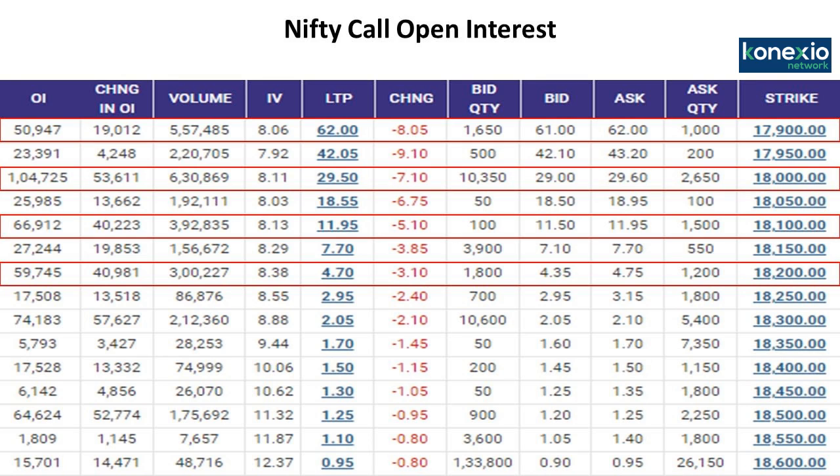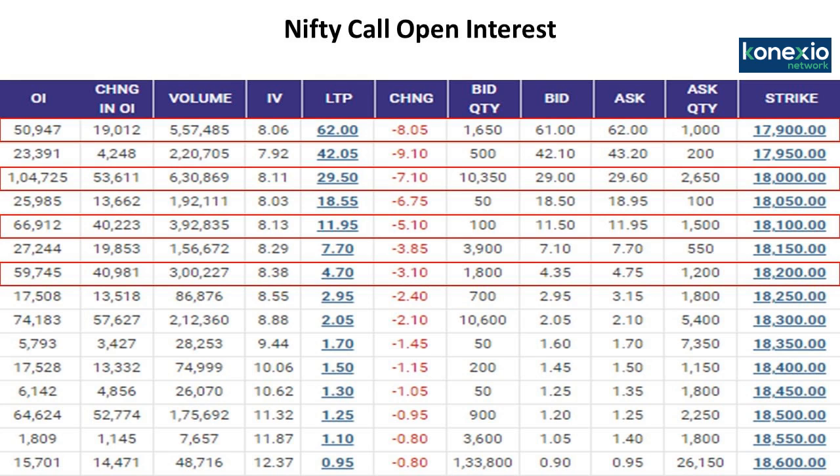But even if profit booking is seen, I don't think at this juncture that it would be a severe one. But as and when the charts will develop, we'll try to discuss it in our coming videos. But looking at this particular juncture, we feel that 18,000 could be the next target for the next week, and if it sustains above those levels, then the chances are that Nifty might test the level of 18,200.